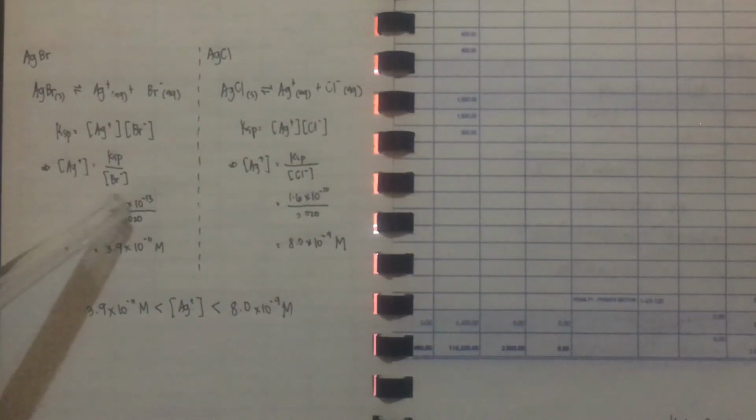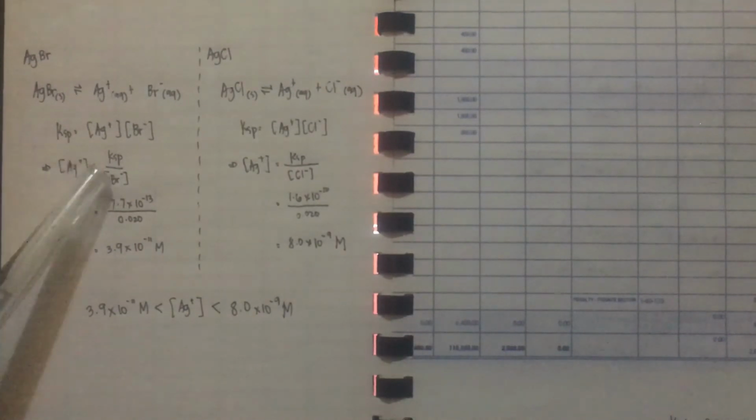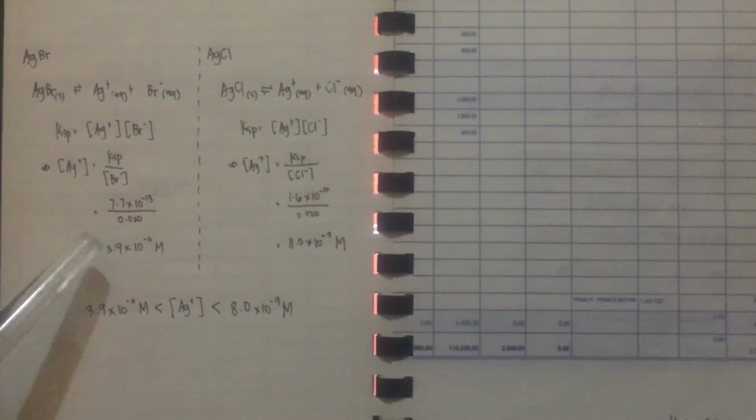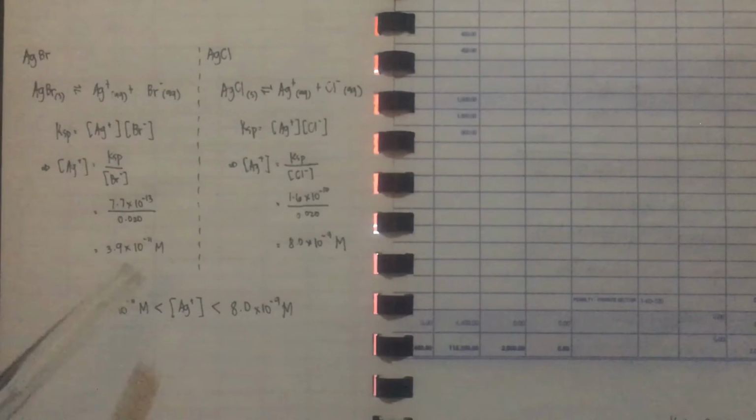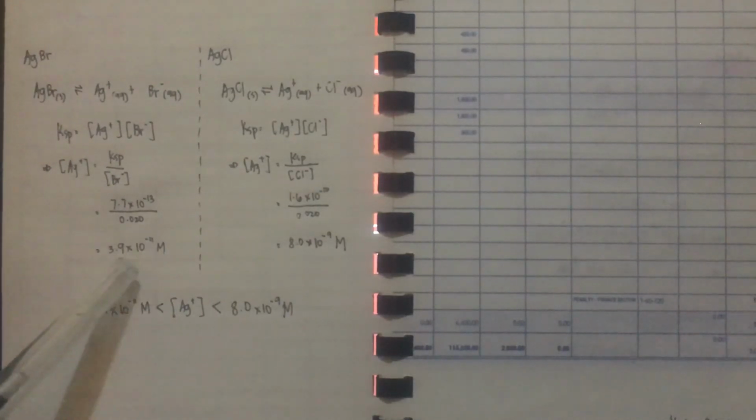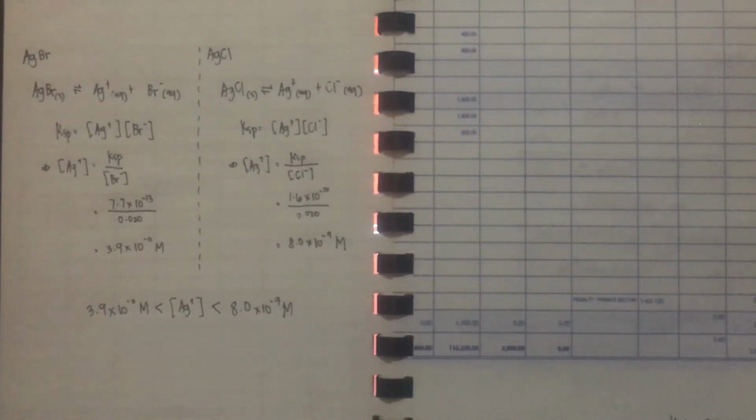So we have Ksp divided by Br minus. The Ksp of silver bromide is given, as well as the bromide ion concentration, which is 0.020. Dividing this, it will give 3.9 times 10 to the negative 11 molar. So this concentration is required to precipitate the bromide ions as silver bromide.